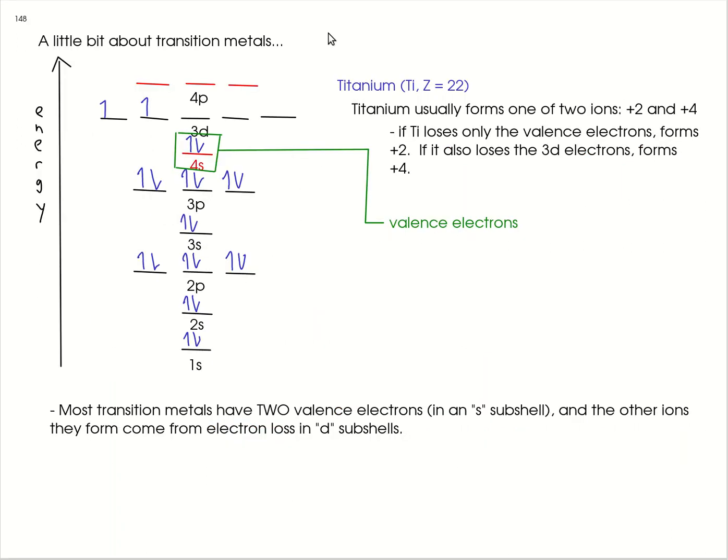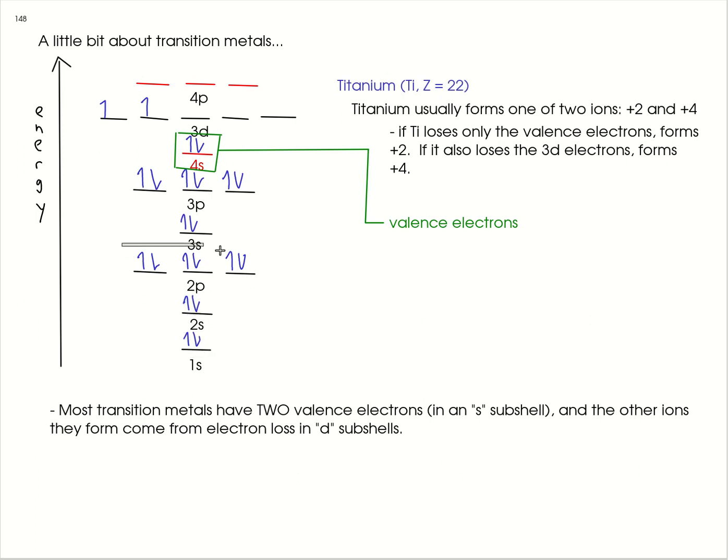Now, let's look at one more example before we close out this video. So let's look at something about transition metals. Now, transition metals we know can often form essentially more than one type of ion, and I've decided to use titanium for this example here. Titanium, atomic number 22. So we're going to fill 22 electrons into our diagram.